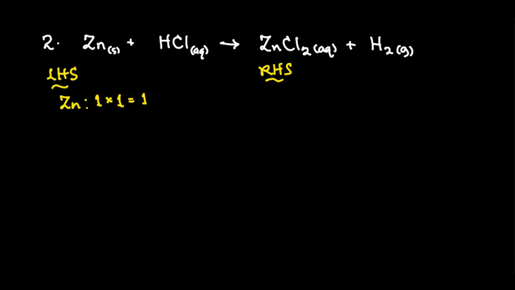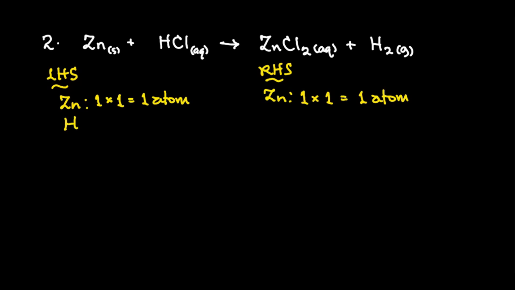That's 1 atom, while on the right-hand side it is also 1 times 1, which gives us 1 atom of zinc. Zinc seems to be balanced.